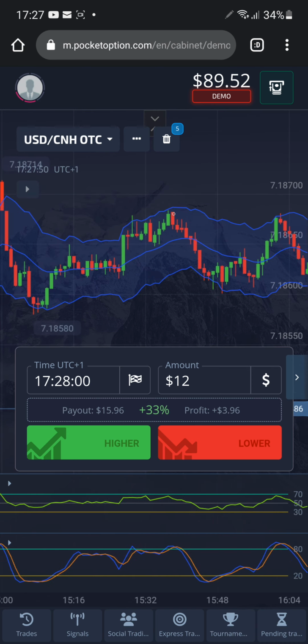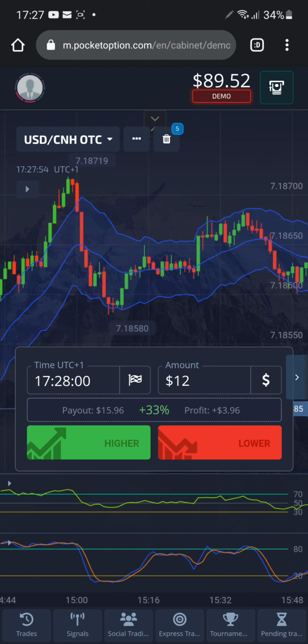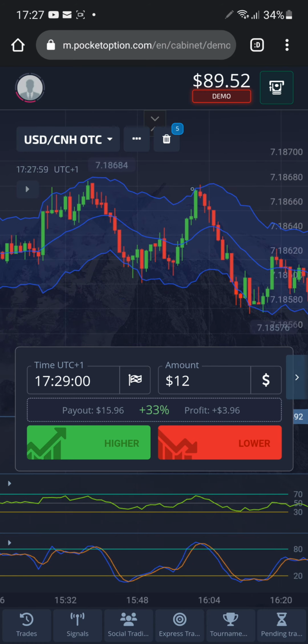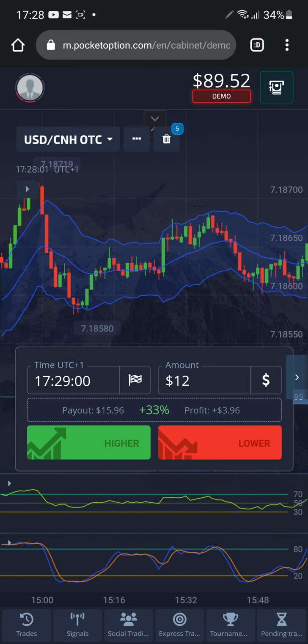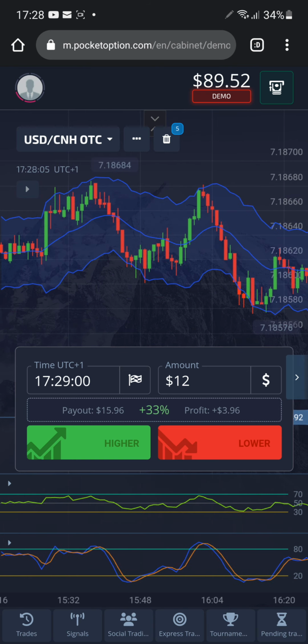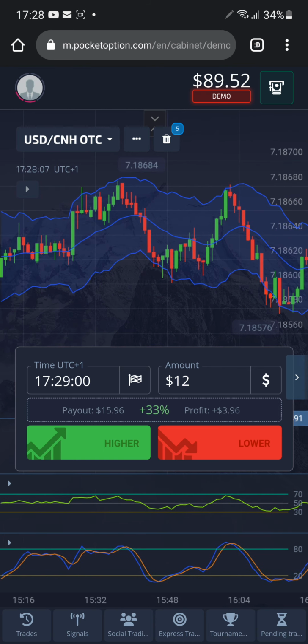If you check throughout, you see over here it got to the edge, it pushed down. Here it gets to the edge also, it pushed down. It gets to the edge here, you can see. So little things like this can tell you what the market is doing, and you don't really have to stress about it. Now you can combine two indicators, just to confirm what the market is saying.